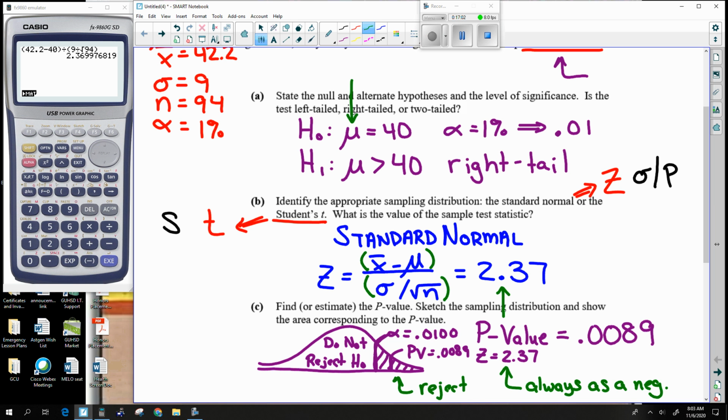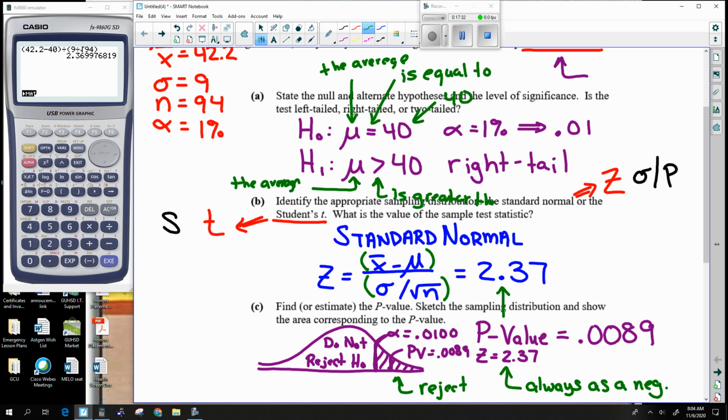Right, so this is the average is equal to 40. All right, so I'm just going to interpret my conclusions. And so here, this is again the average is greater than 40.